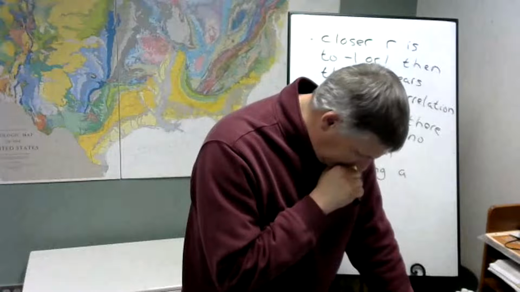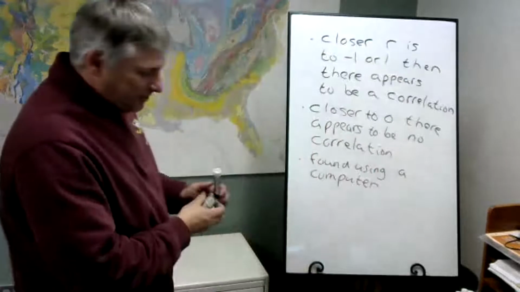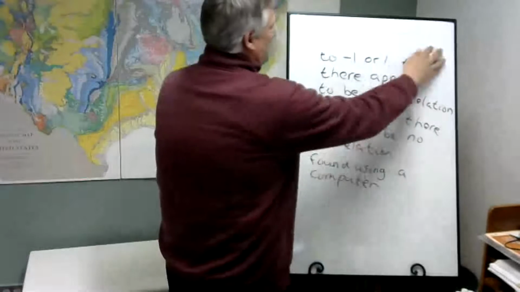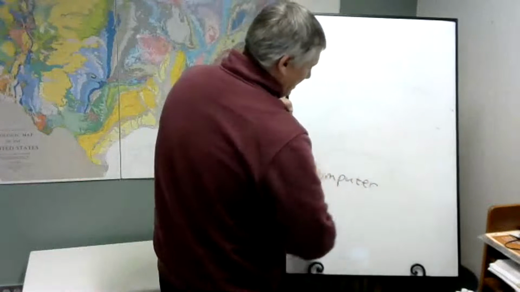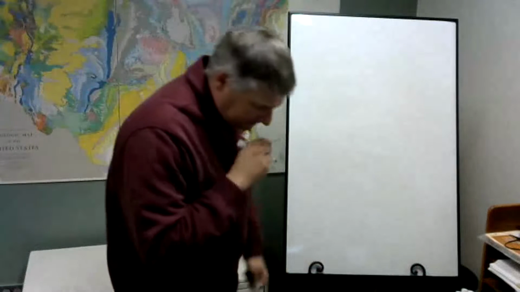Now, the question you might be asking is, well, what's the cutoff? How close does R need to be to -1 or 1 for there to be a correlation? Well, it depends on the problem.